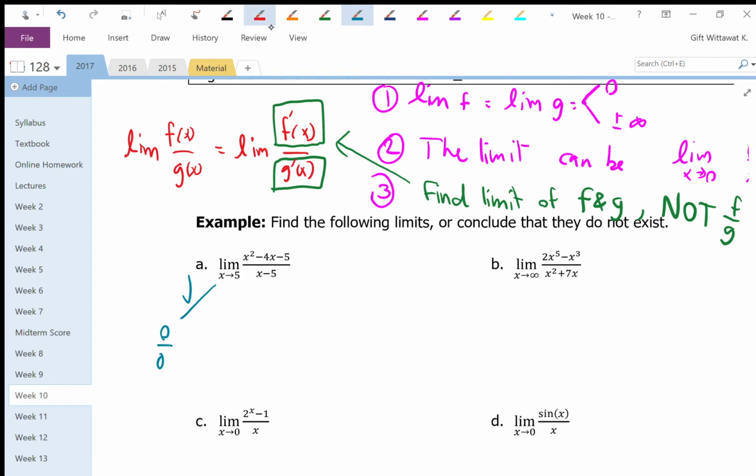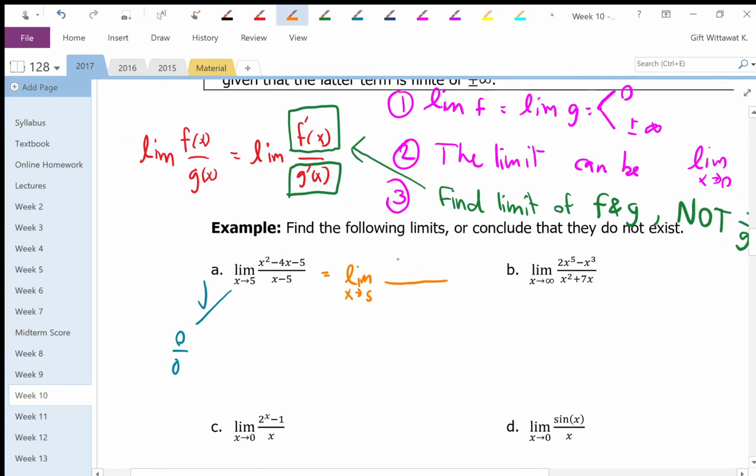So this is going to be the same as the limit, when x goes to 5, of the derivative of the numerator divided by the derivative of the denominator. The derivative of the numerator is going to be 2x plus 4. The derivative of the denominator is going to be just 1.